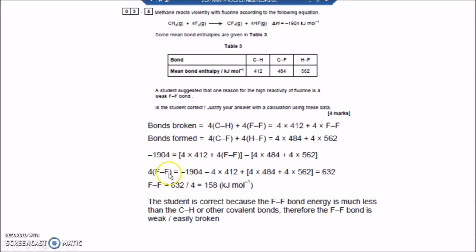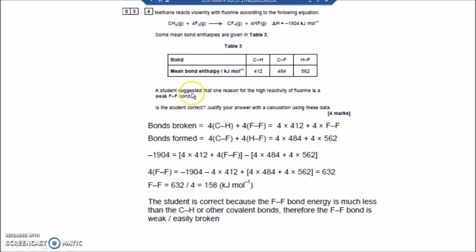So when we rearrange it, 4 lots of F-F equals minus 1904, take away 4 times 414, because I've taken it to the other side, so it's gone from plus to minus. And then the minus values here become plus on the other side, and all of that equals 632. So 4 of them equals 632, so one of them is 632 divided by 4, 158.